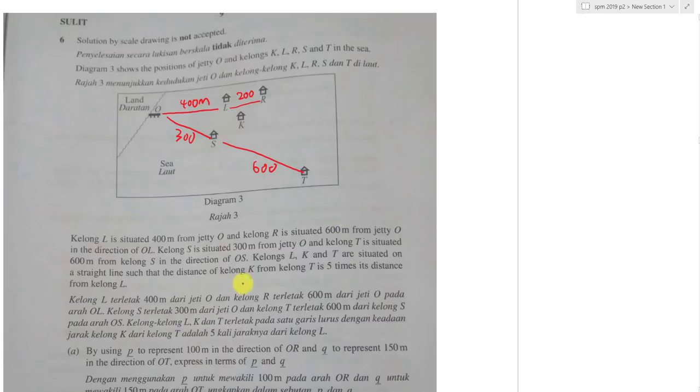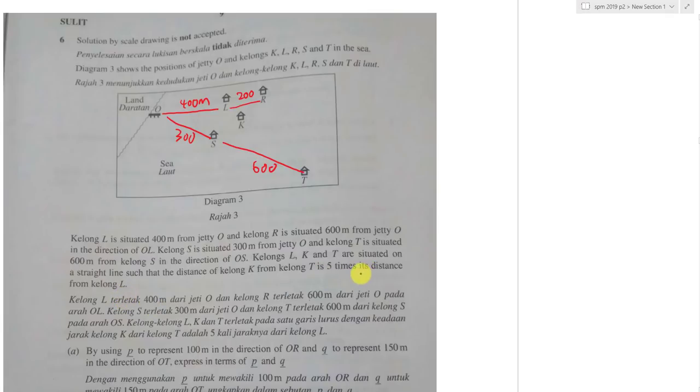The last sentence says L, K, T are situated on a straight line such that the distance of the kelong K from the kelong T is 5 times its distance from L.